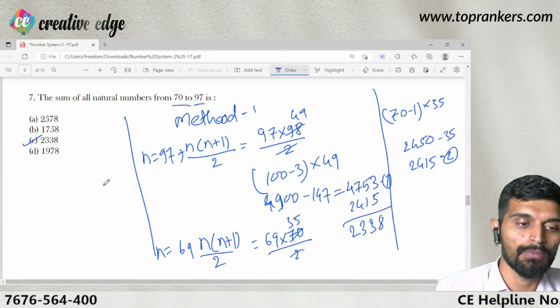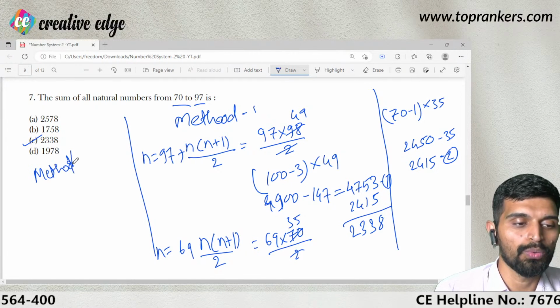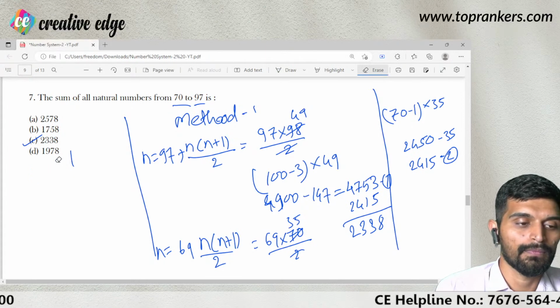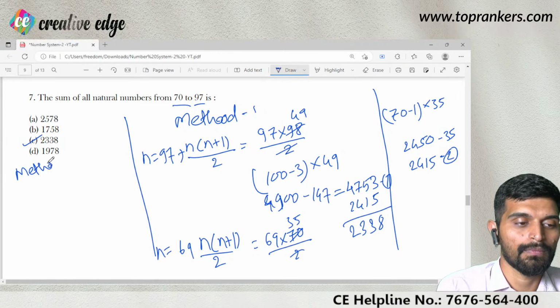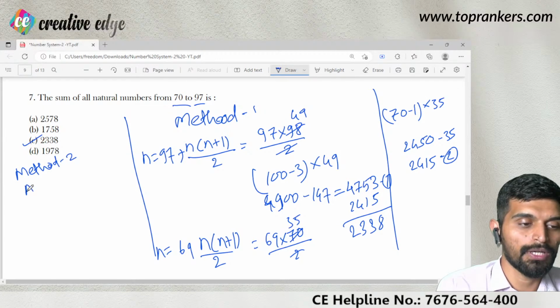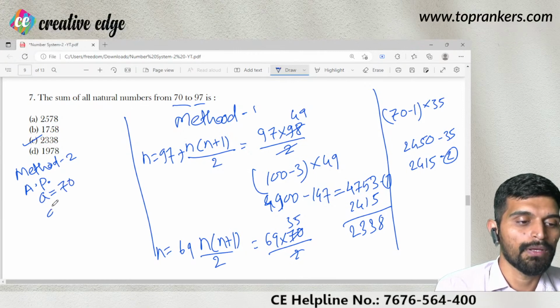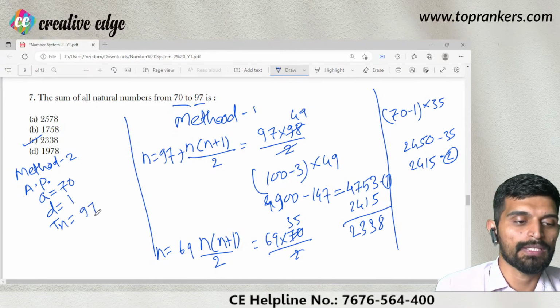Now let's talk about method 2, that is using arithmetic progression. So here A is equal to 70, common difference is 1, and Tn, the last term, is 97.